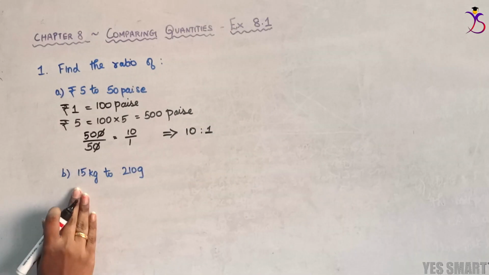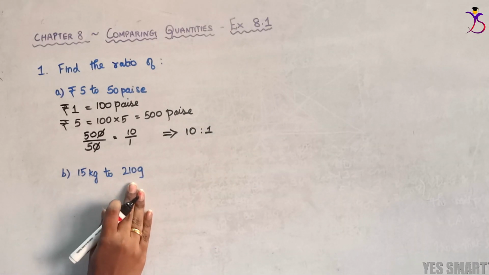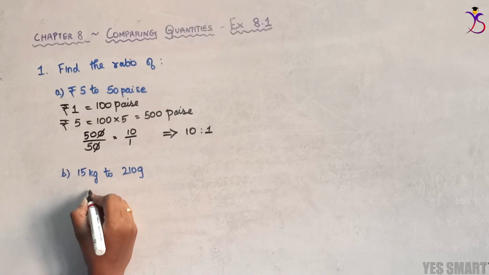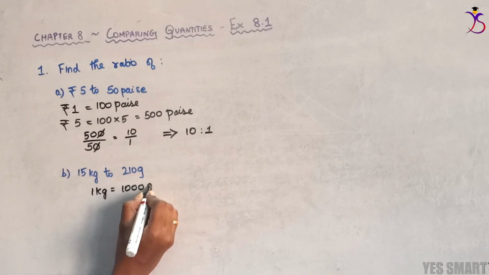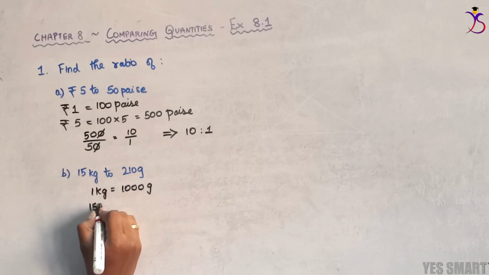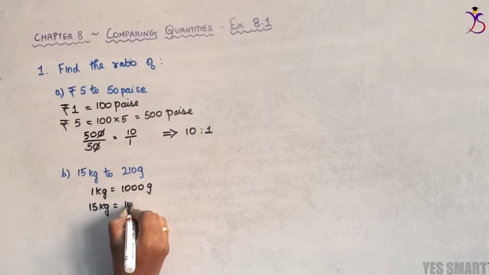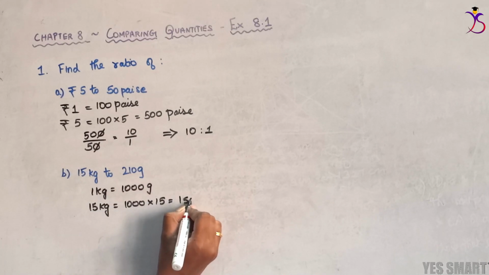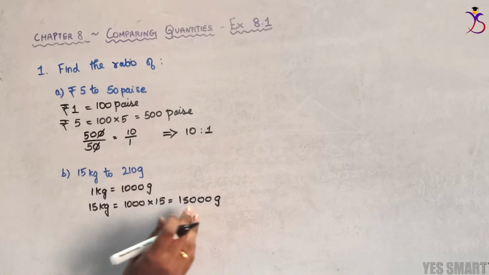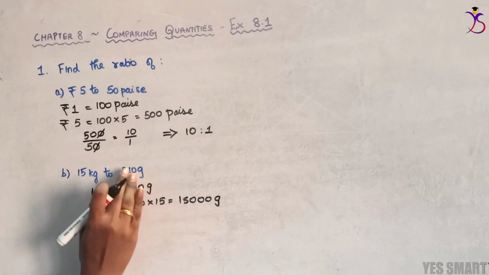Now B sum, this is in kg and this is in gram. So let's convert it. 1 kg equals 1000 gram. So 15 kg equals 1000 into 15, which is equal to 15,000 gram. We have 15,000 gram and we have 210 gram.